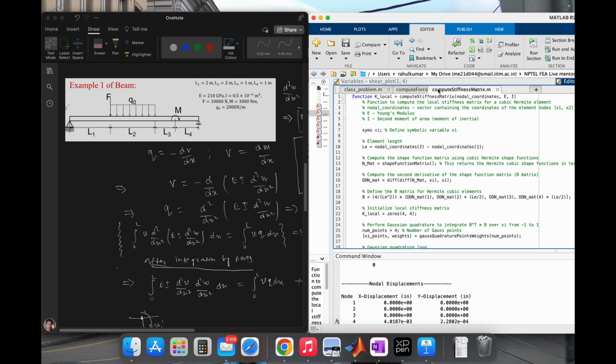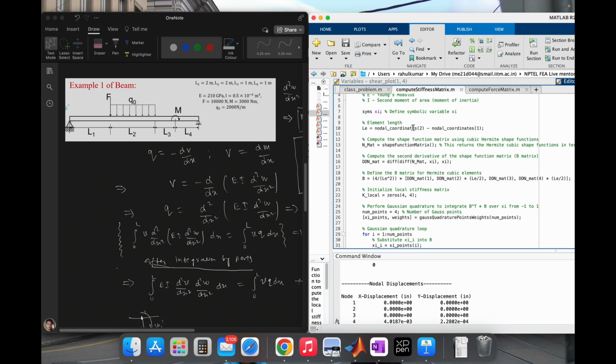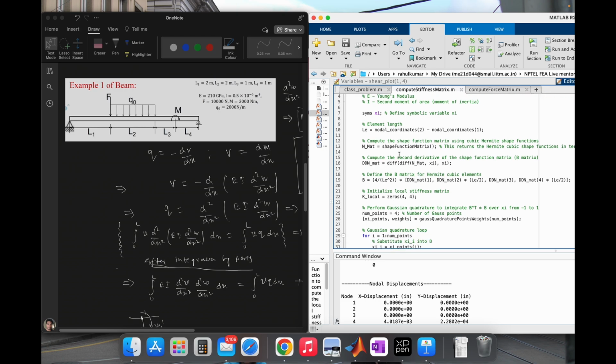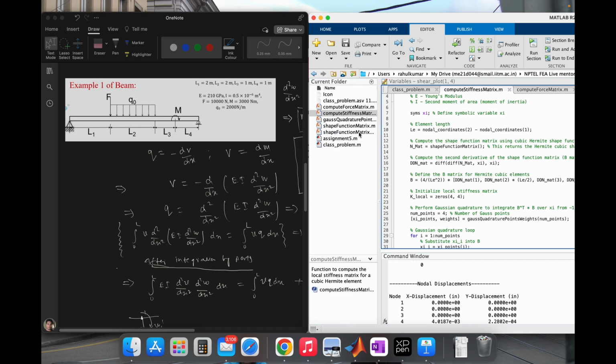When we see the compute stiffness matrix function, here we have written symbolic as xi. It will take the local coordinate, the length of the element by using the nodal coordinates 2 and 1. And this is the shape function matrix, and we will see what shape function matrix we are using.